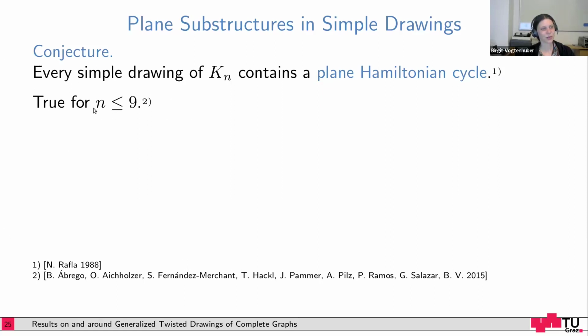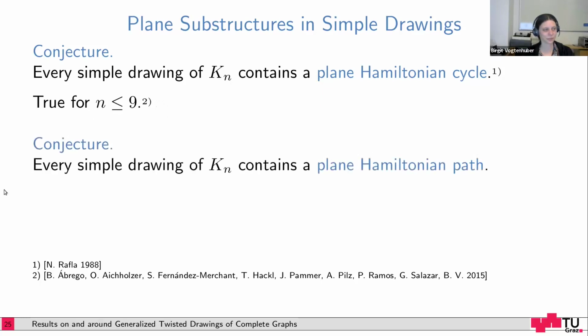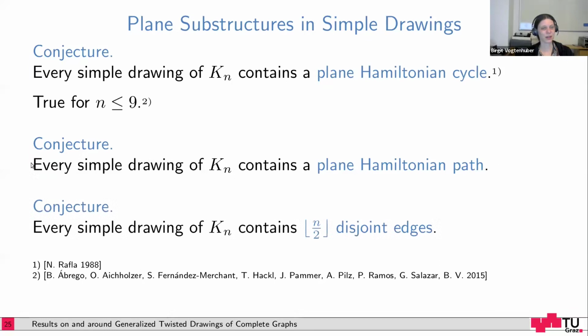This conjecture is true if n is at most 9 by brute forcing the rotation system database that we have in Graz. And that implies that also the conjectures for the plane Hamiltonian path and for the n half disjoint edges are true for n at most 9.